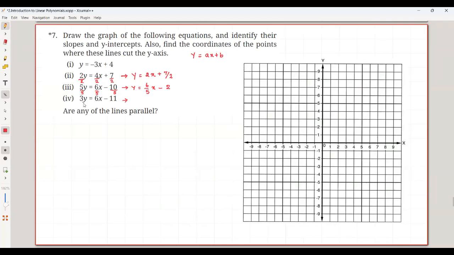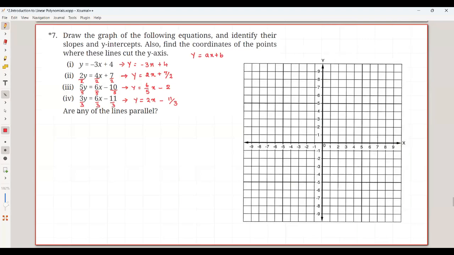So I have to eliminate 3, so I just divide by 3. Here also just divide by 3. So I will be getting y is equal to 6 divided by 3 is 2, 2x minus 11 by 3. Now the first one is already having y only. I am just writing y is equal to minus 3x plus 4.